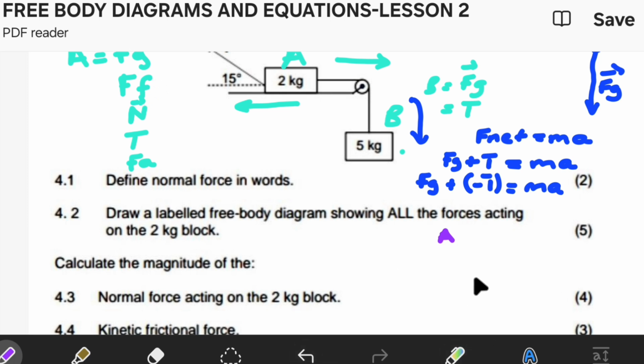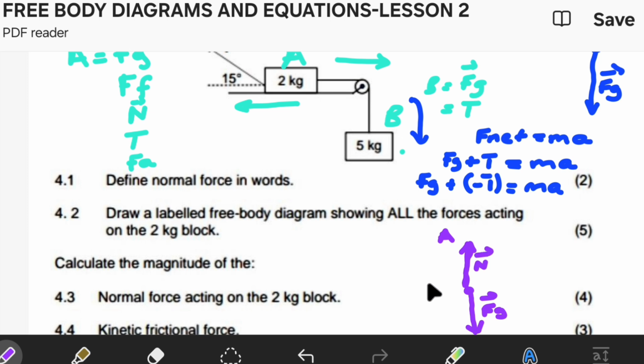So the free body diagram of this, we are going to draw like that. First, let's insert its normal force, and it will also have Fg. Forgive my drawing, I'm not that good a drawer.